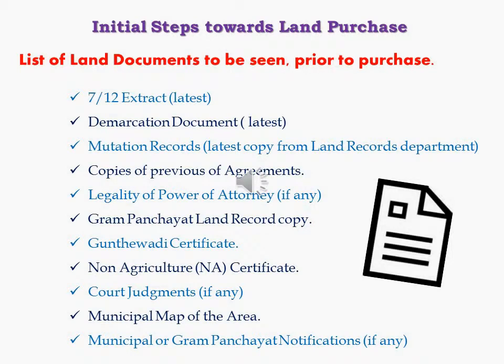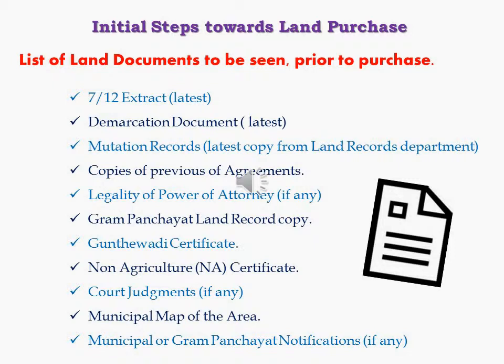It mentions dates, when this has happened, and whatever dates are mentioned you could correlate with various agreements that are in the file. It should be a recent version of the 712. When I say recent, it means about maybe 1 or 2 months old. It's one of the basic and a very helpful document to start with.